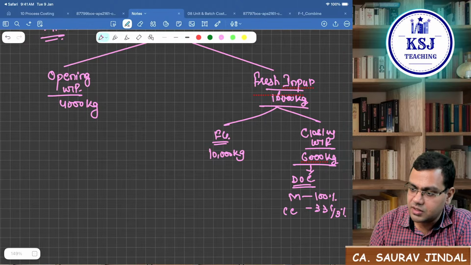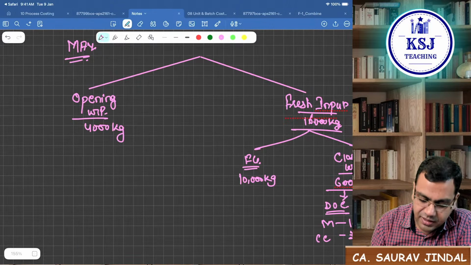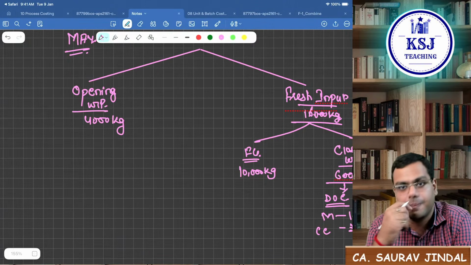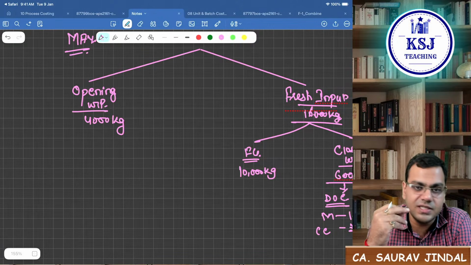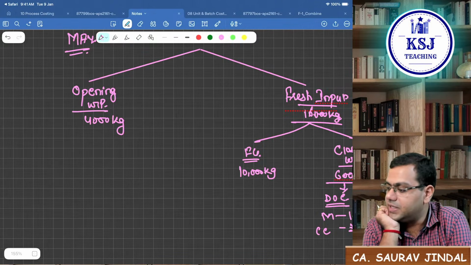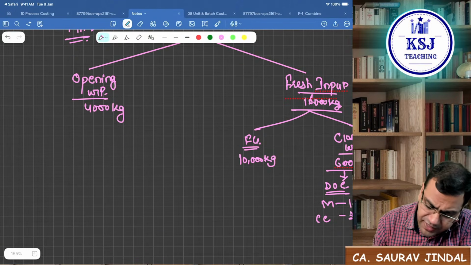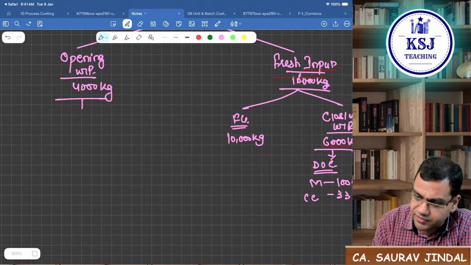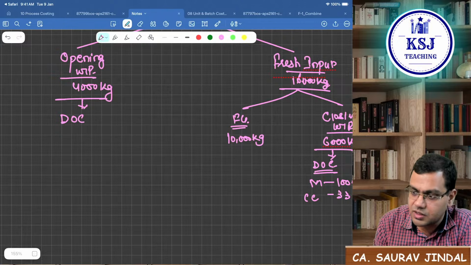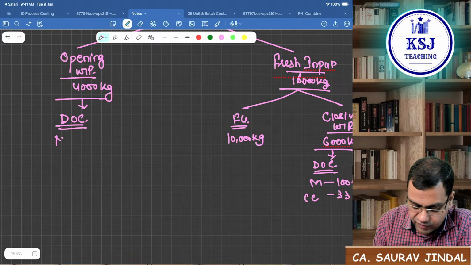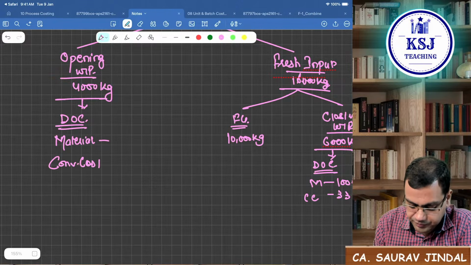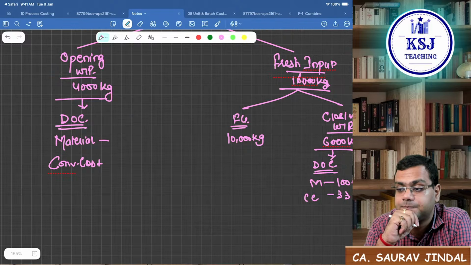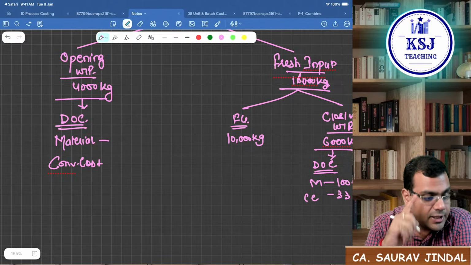Clear? And for this opening WIP, what will you do, sir? In the month of May, you will be completing this opening WIP. So when you complete it, what will be the degree of completion now for material and for conversion cost in the month of May?